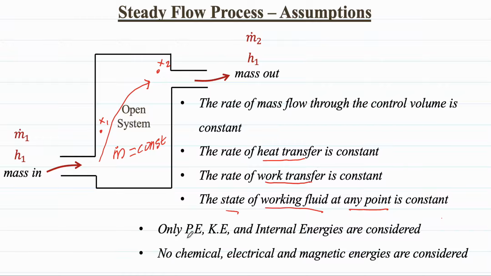And we are considering only potential energy, kinetic energy, and internal energy. We don't consider chemical energy, and we don't consider electrical or magnetic energies for deriving the steady flow energy equations.